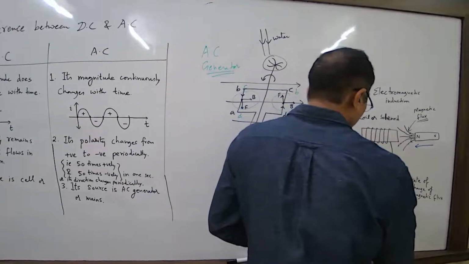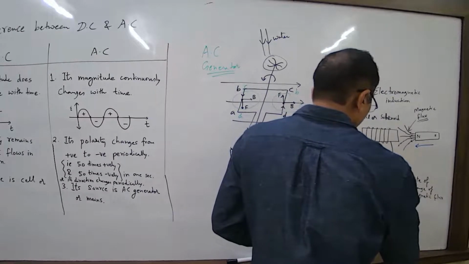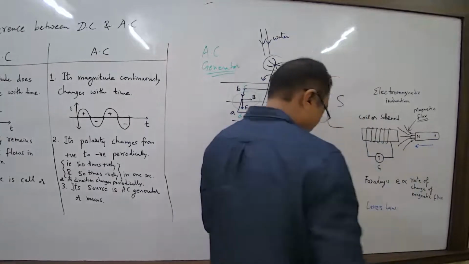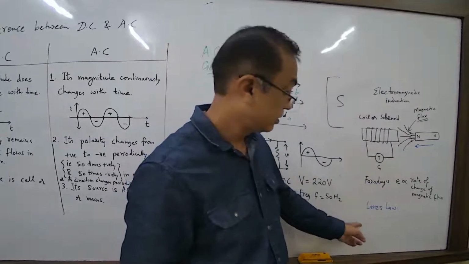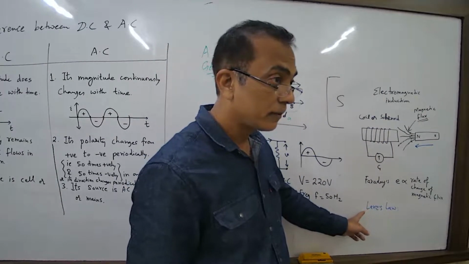तो रूल क्या है? डायरेक्शन का रूल हमको देता है लेंजेस लॉ। ये क्या बोलता है? Those who attended Lenz's law. What is it? What will be the direction of induced current?